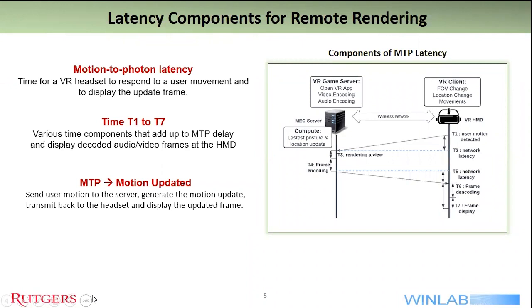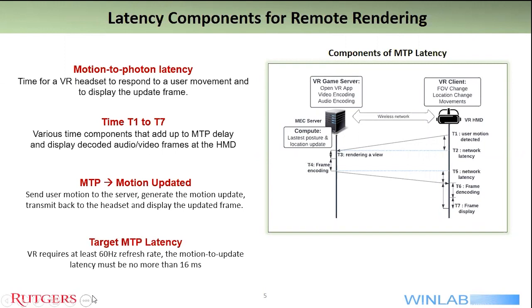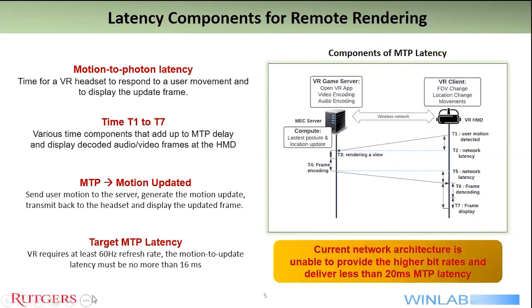In our analysis, we'll see how the results explain that. The target motion to photon latency has to be below 20 milliseconds so that the user is not able to perceive those delays and doesn't experience any motion sickness.